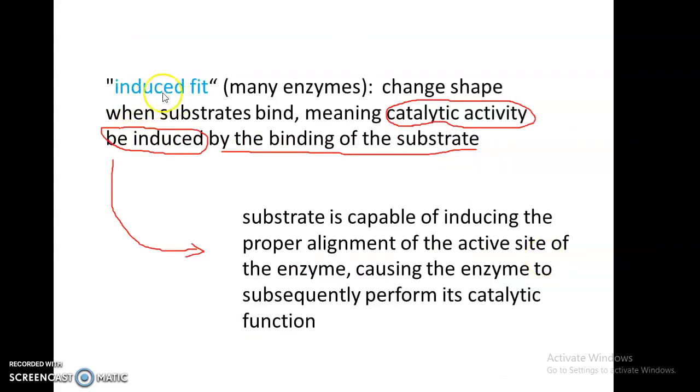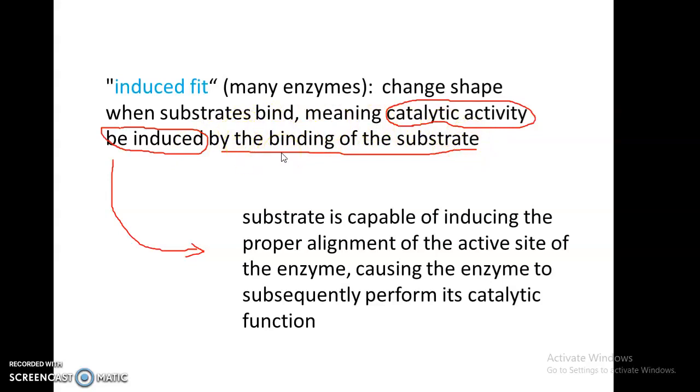What does induced fit mean? Induced fit is important for many enzymes. Enzymes change shape when substrates bind, meaning catalytic activity is induced by the binding of the substrate. That means the substrates are the alert for the enzyme's activity.